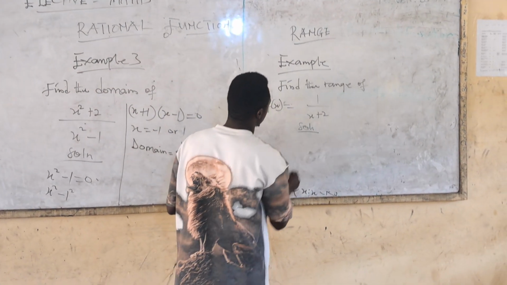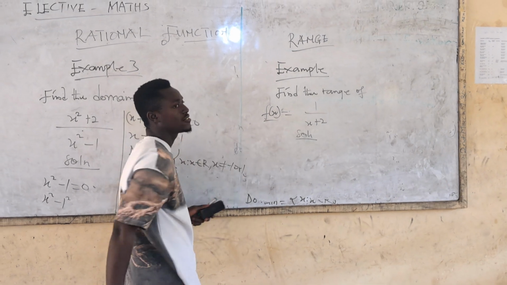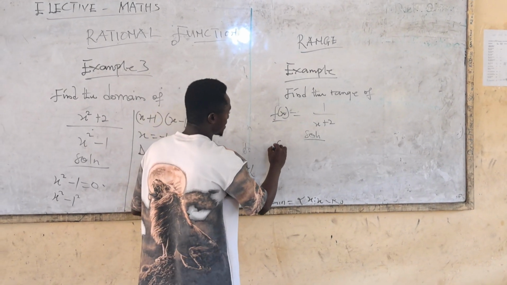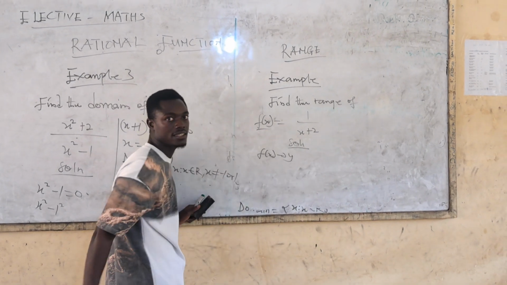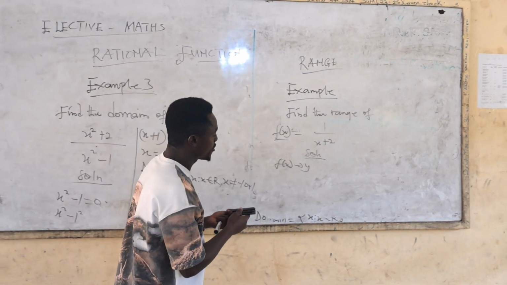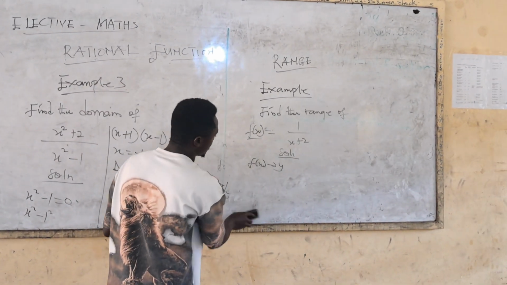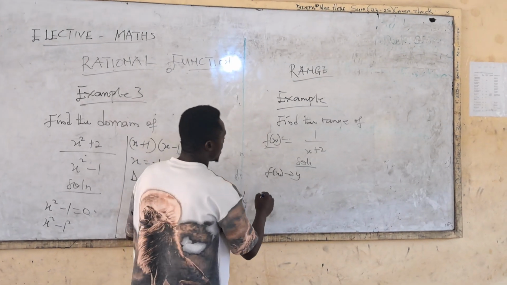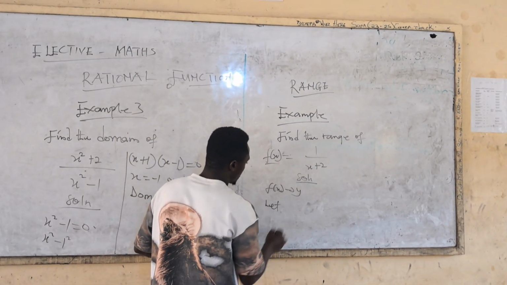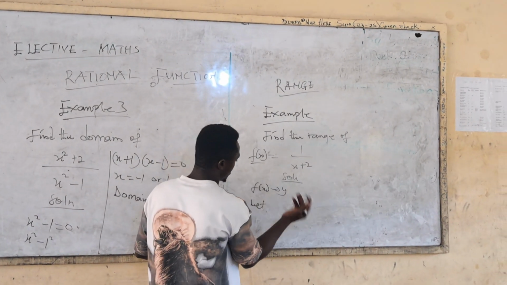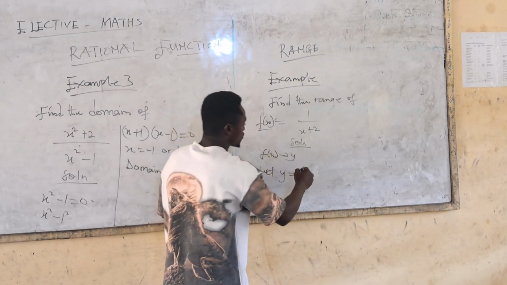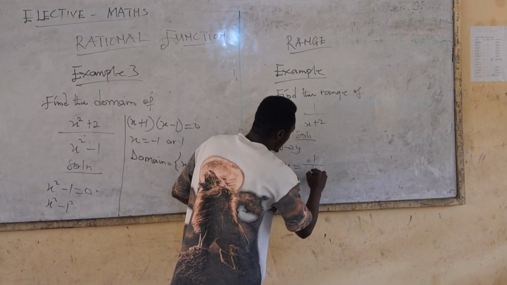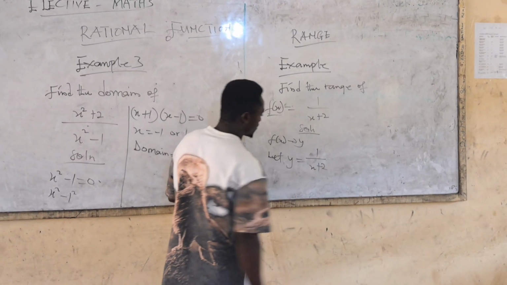In solving it, we know that the function f of x can also be represented by y. So we say let y equal the function given, that's 1 over x plus 2.